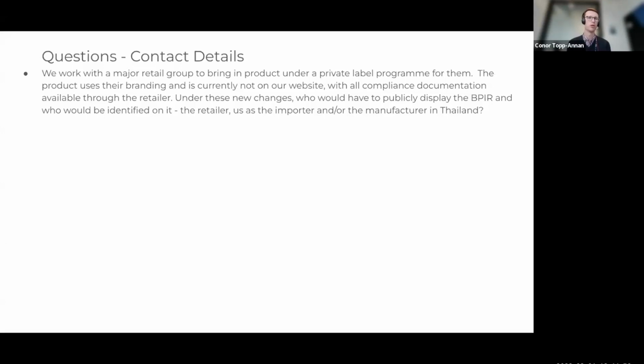But the important point is you can't contract out of your responsibilities. So the information might be hosted on your retailer's website, but as the manufacturer or the importer, in probably this case, you're the one with those responsibilities.